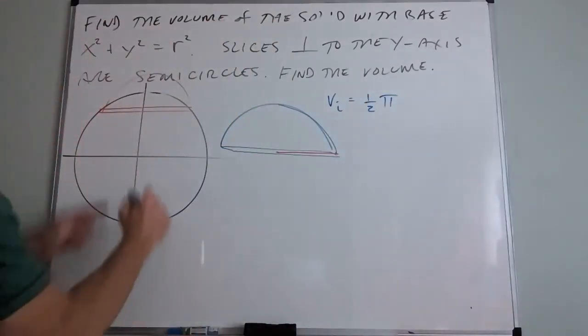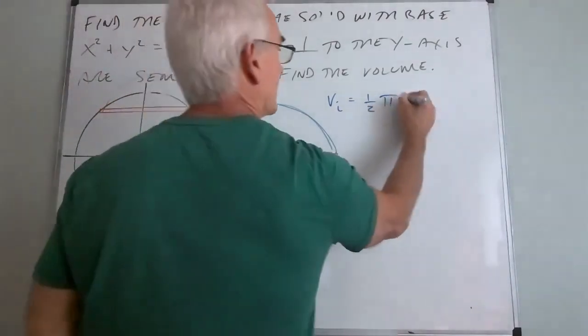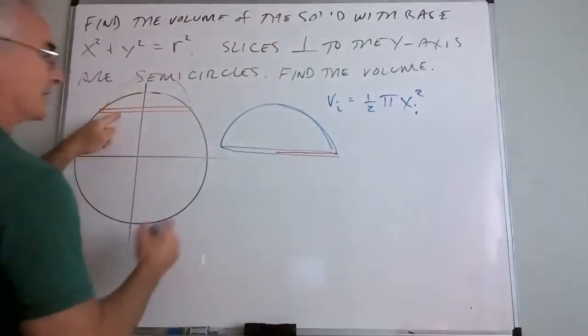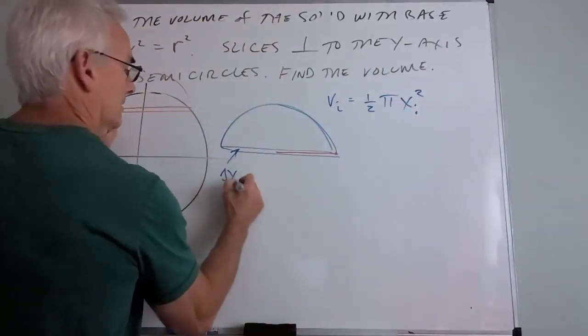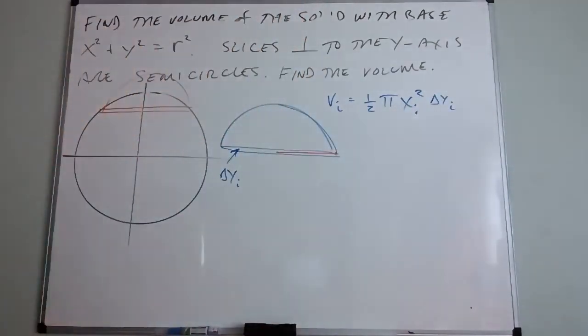Now, what is my r? In this case, my radius is clearly the x. My thickness is clearly delta y. So the volume of that slice, now my answer is going to have a pi in it, definitely.